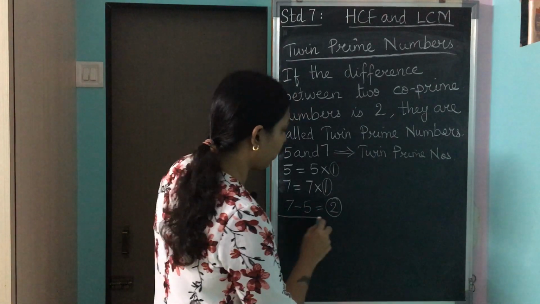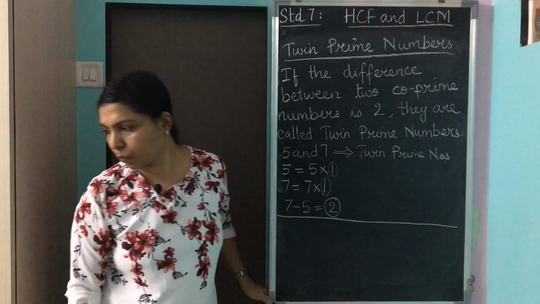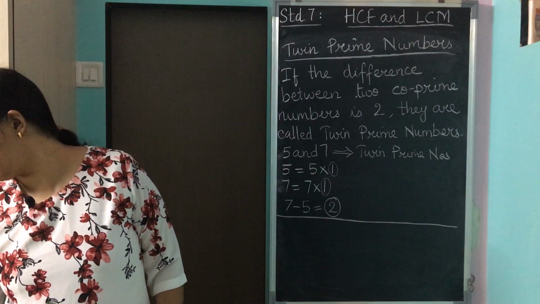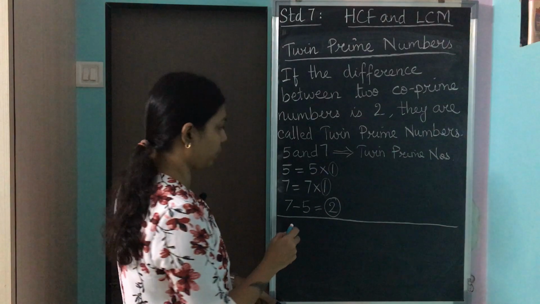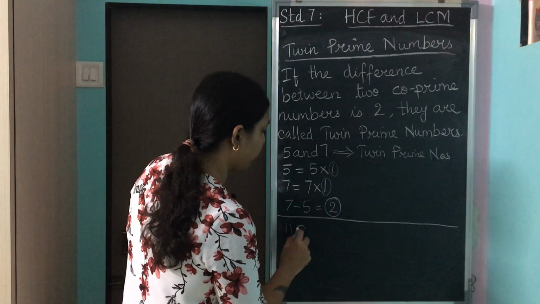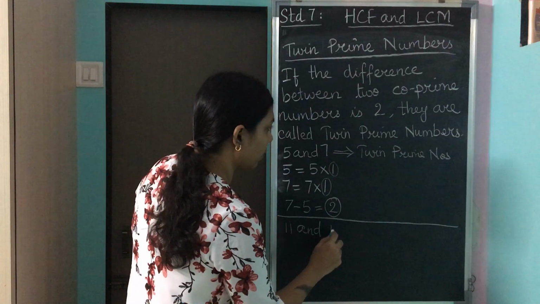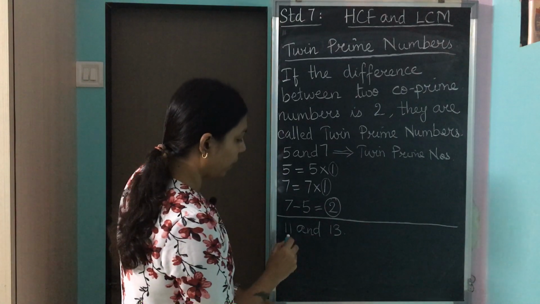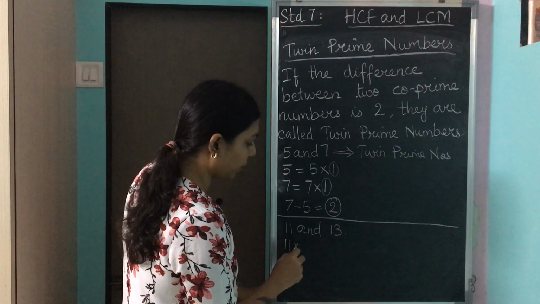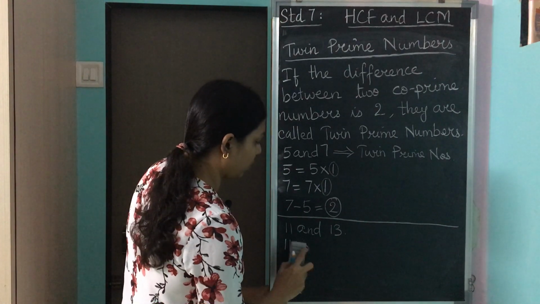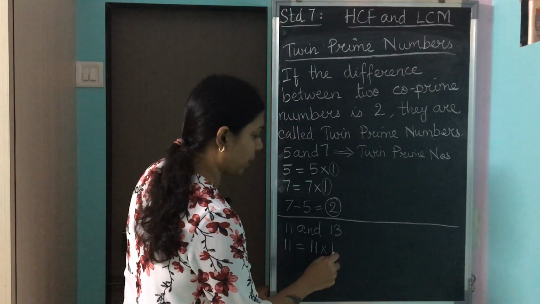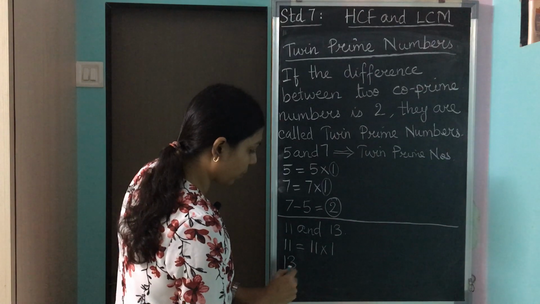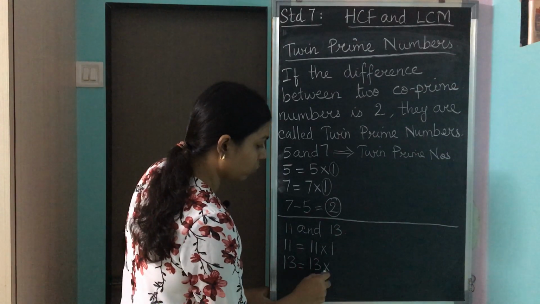We'll see one more example over here. We'll take the numbers 11 and 13. 11 will be broken down as 11 into 1, and the number 13, 13 into 1.